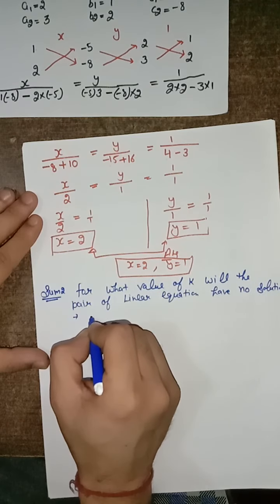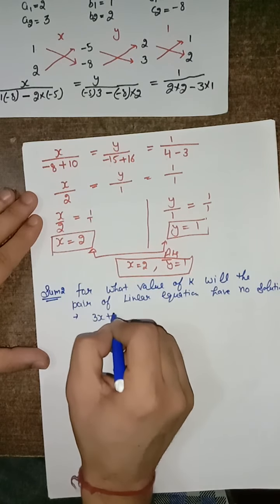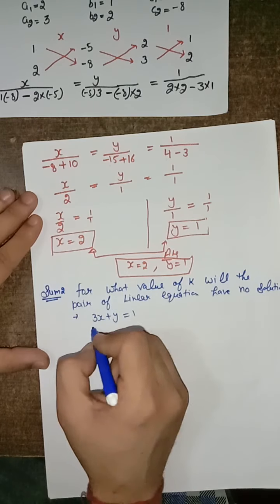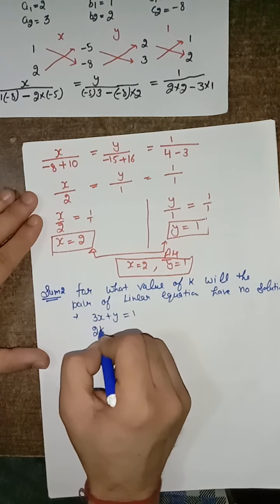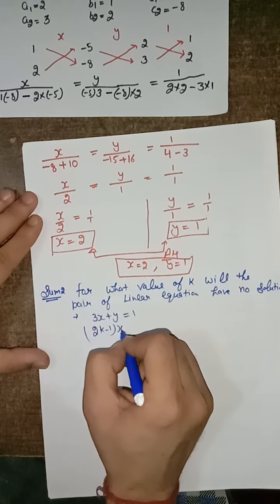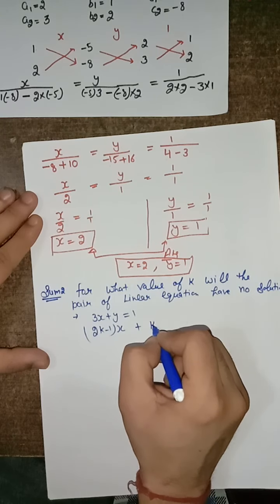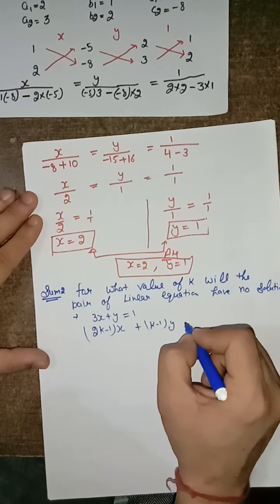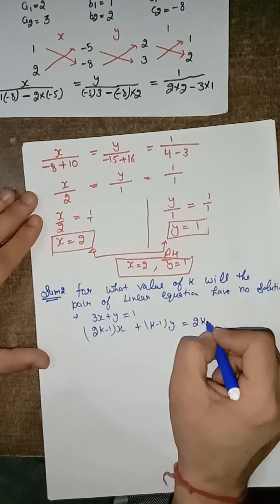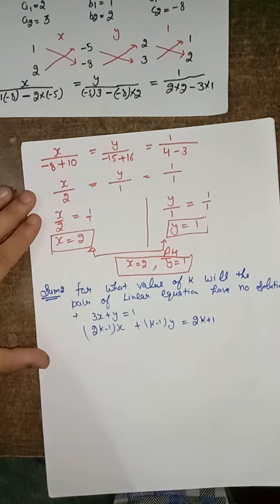My equations are 3x plus y equals 1 and (2k minus 1)x plus (k minus 1)y equals 2k plus 1.